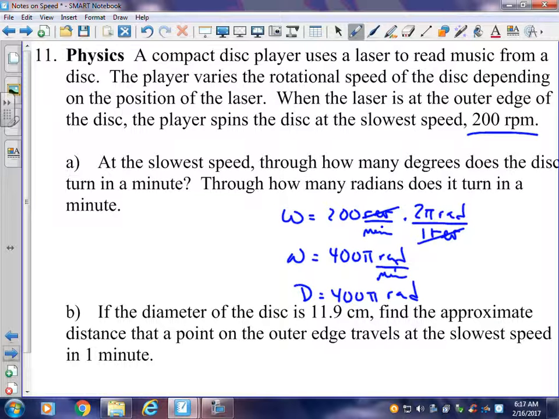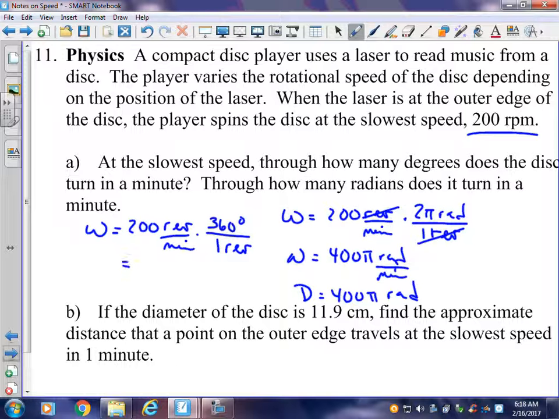Now there's a similar process for degrees. If 1 revolution is 2 pi radians, all the way around the unit circle, how far is it all the way around the circle in degrees? Correct, it is 360. So therefore, I can take this same formula of 200 revolutions per minute, and instead of putting 2 pi radians, I can put 360 degrees over 1 revolution, because that's the other way that you can work the question, based on how far it is around a unit circle.